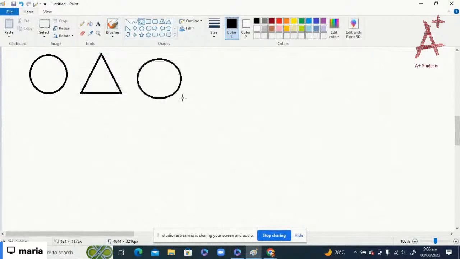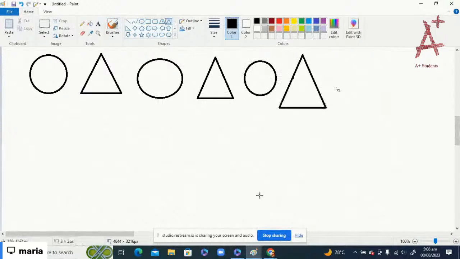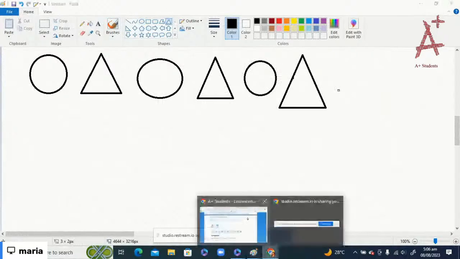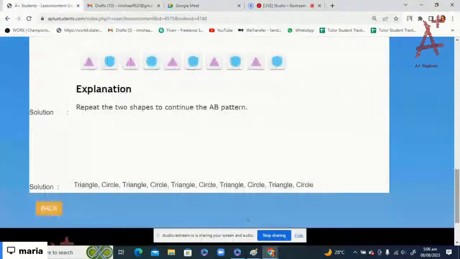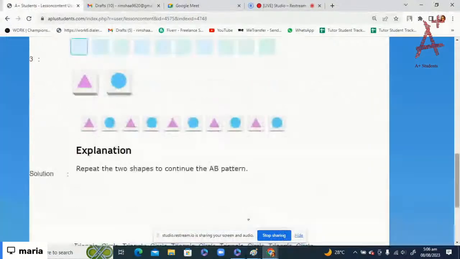Then again circle, then again triangle. Then what comes next? Yes, hurry up, tell me. Yeah, it's circle and then a triangle. In this way you create a pattern, and these are the shapes to create a pattern one by one. This is triangle, circle, triangle, circle.